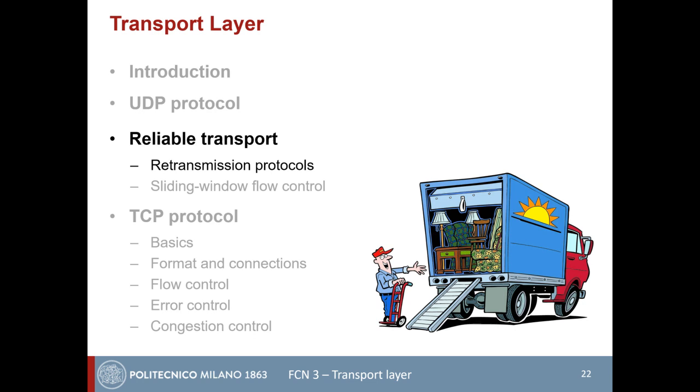So now let's go on, and before going to the details of the TCP protocol, we have to introduce a generic concept that is the reliable transport. How can we make an unreliable connection reliable to an upper layer?